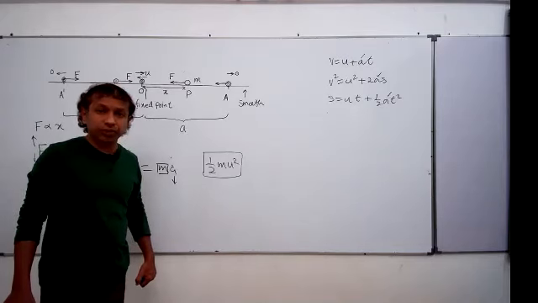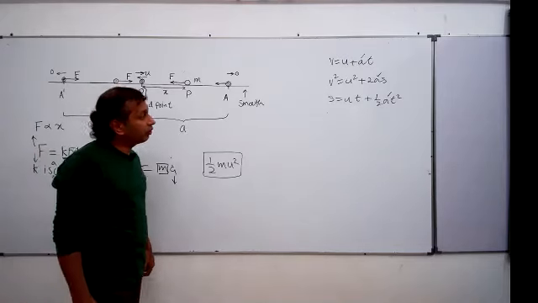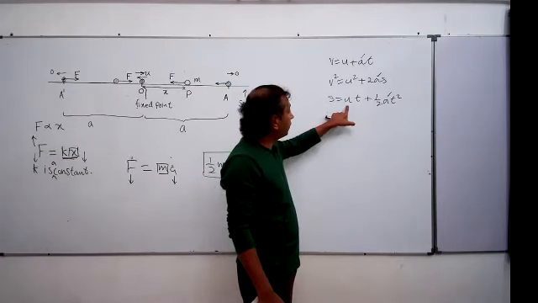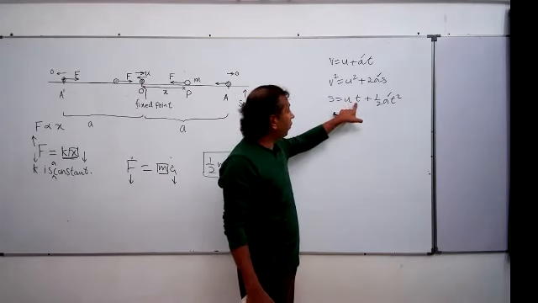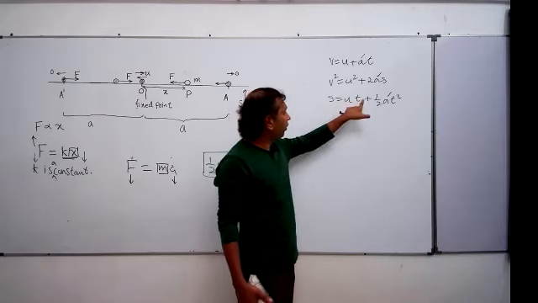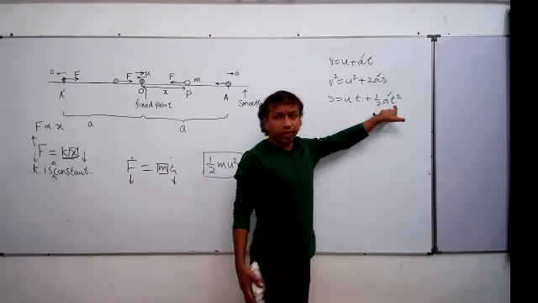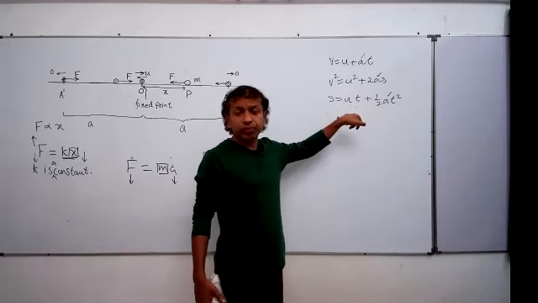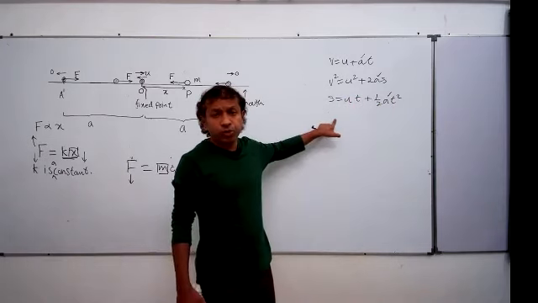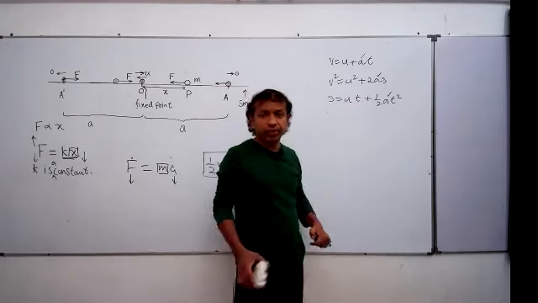Now, the next thing is to identify the simple harmonic motion. In this case, if you have u equals 0, then the equation comes as s equals half at squared. If initial velocity u is 0, then the displacement is given by half at squared.